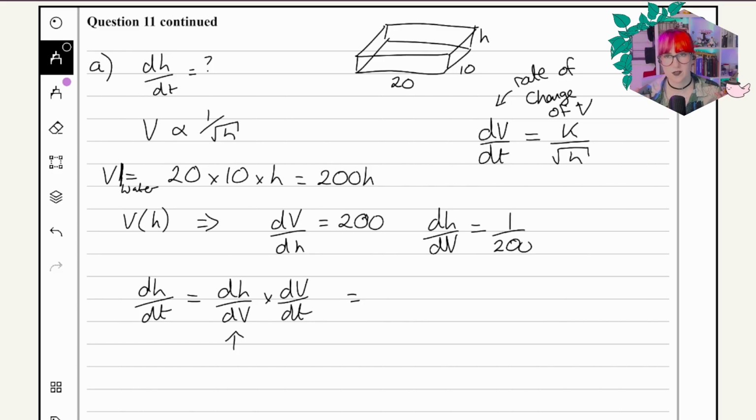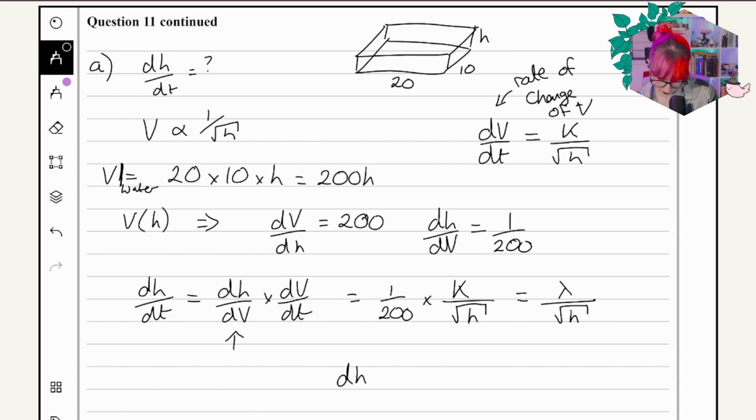It's not exactly a fraction, but if I manipulated the equation, I could then find the derivative and it would just give me 1 over 200. So we get 1 over 200 times some value k, which was our constant of proportionality, over h, which I think the term it wanted to use was lambda, so lambda over h.